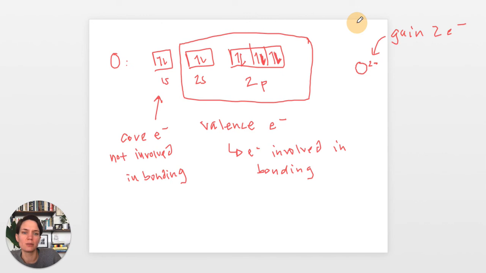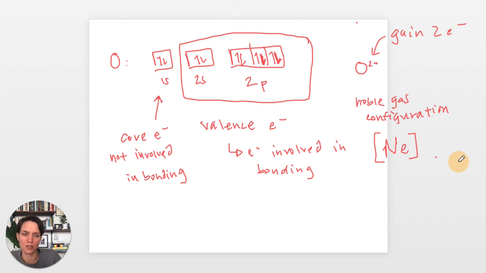The electrons would be filing in right there. As soon as that happens, then we have noble gas configuration. Oxygen looks the same as neon. We know that noble gases are super stable. So we're going to talk a lot about this in chapter 8. But for now, let's just leave that there.